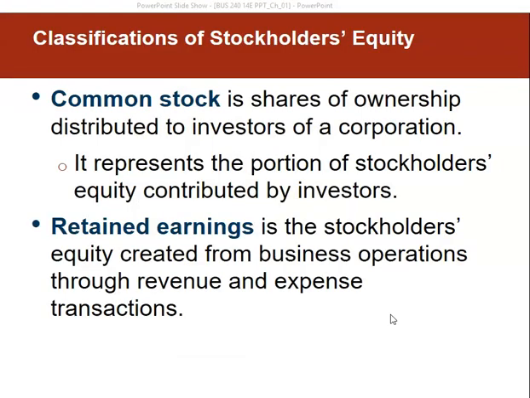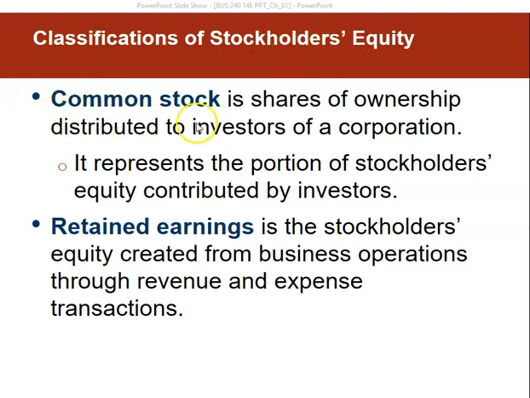Okay, so I want to talk about stockholders' equity, the third element of the accounting equation. We've got two terms here, and we've gone over these already, but I want you to understand that for our purposes, at least getting started, these are the two parts of stockholders' equity.